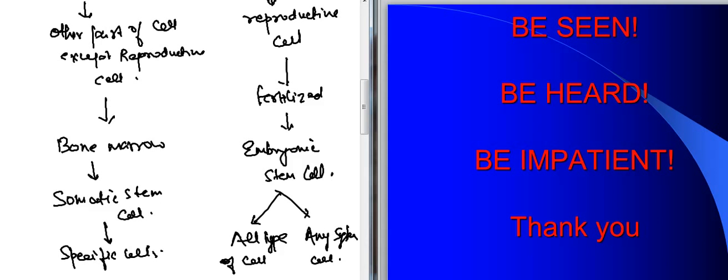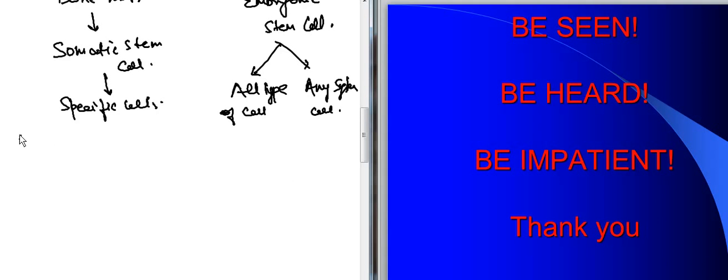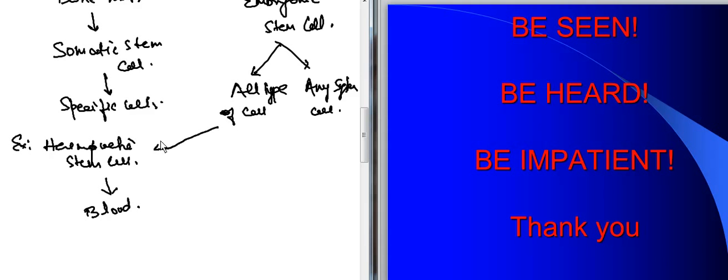That means, suppose I take the example of the hematopoietic stem cell. This hematopoietic stem cell only forms blood. That means this one is universal, and this one is specific for it.